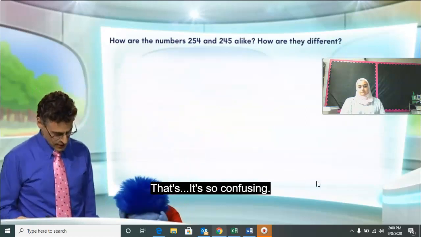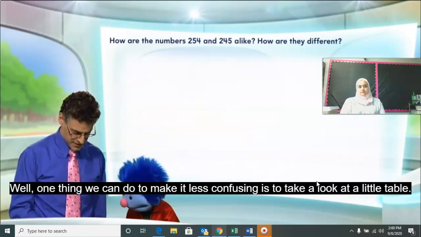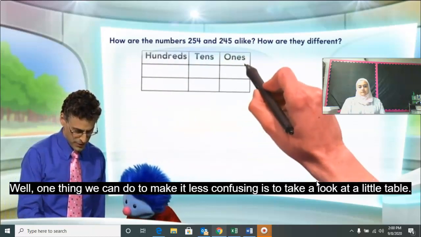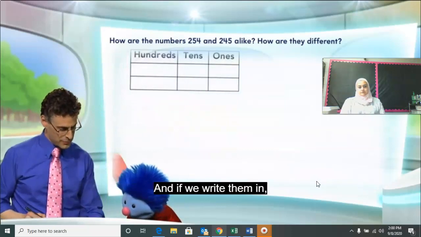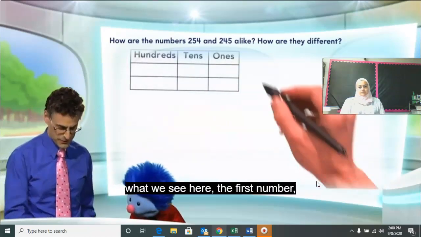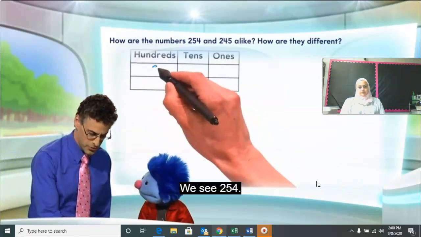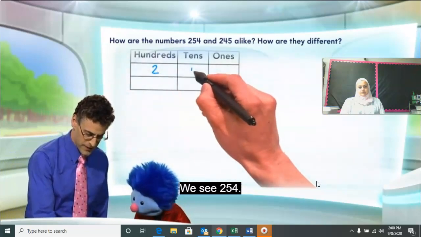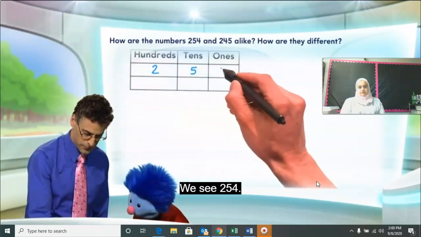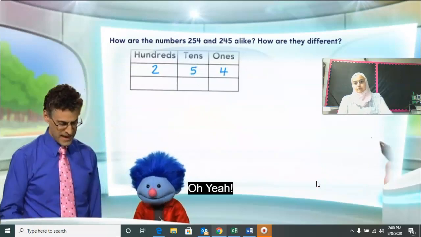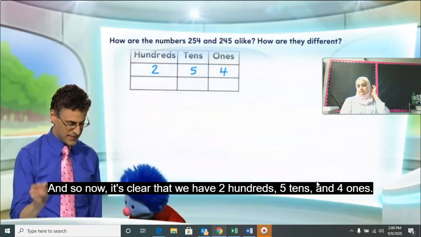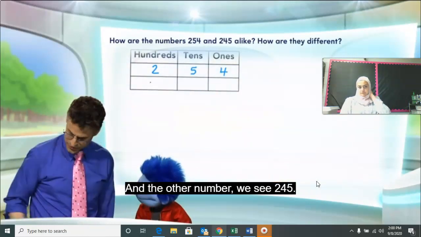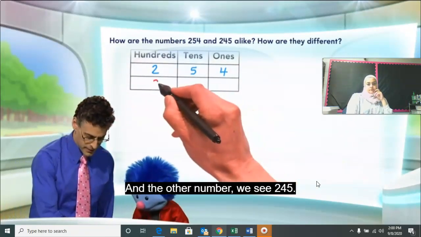Oh, it's so confusing. Well, one thing we can do to make it less confusing is to take a look at a little table where, in fact, we label the hundreds, tens, and units digits. And if we write them in, what we see here, the first number, we see 254. Oh, yeah. And so now it's clear that we have 2 hundreds, 5 tens, and 4 ones. And the other number, we see 245.